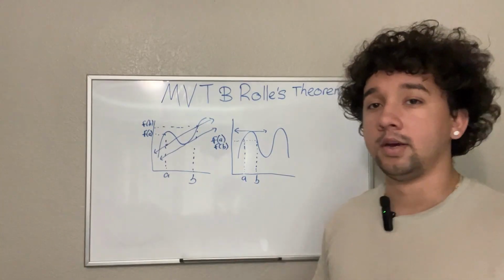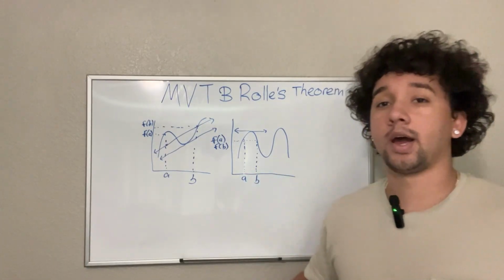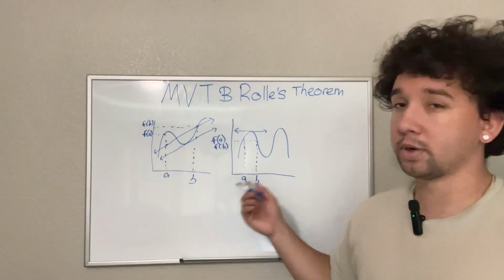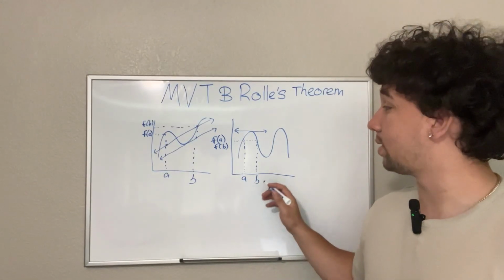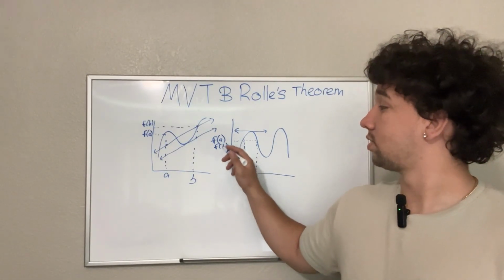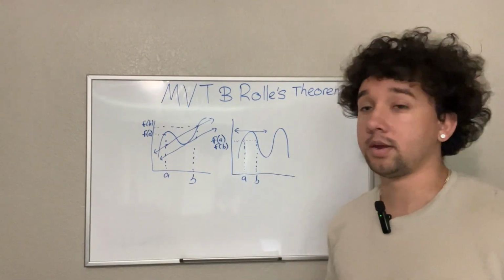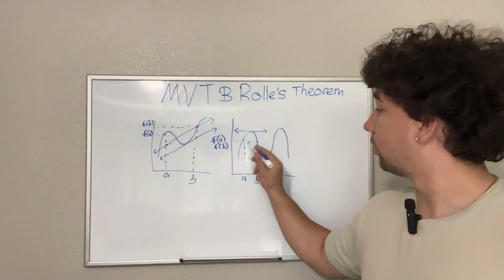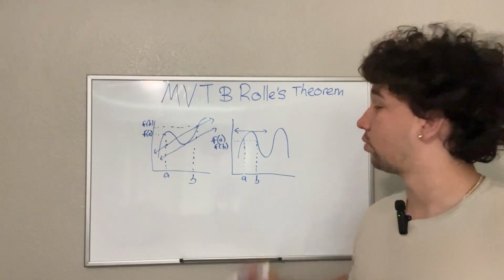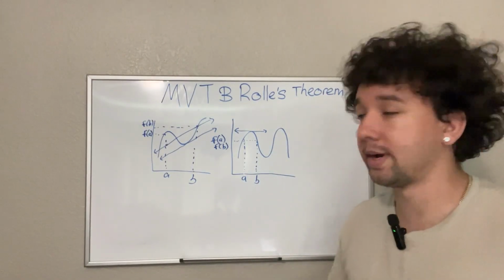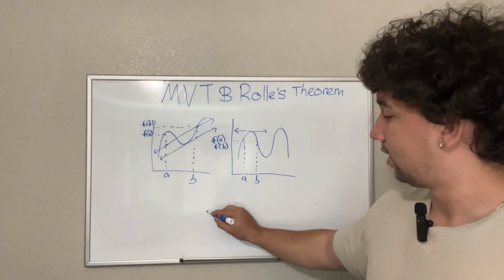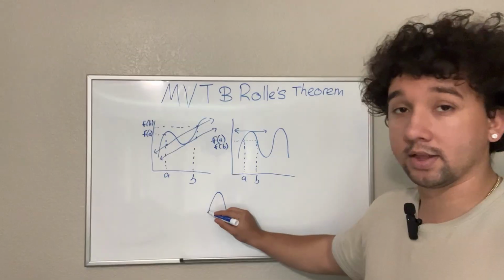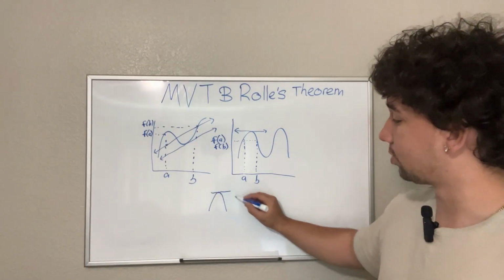That's all it says. Now over here we have Rolle's theorem. And Rolle's theorem basically states that if I have pretty similar conditions from a to b, but also f of a equals f of b, in other words, the y values are the exact same, there's got to be some point within this interval right here where the derivative is equal to 0, which makes logical sense because if this thing goes up at some point, it must come down if it's going to hit the same y value, which means that I'm going to have a slope of 0.